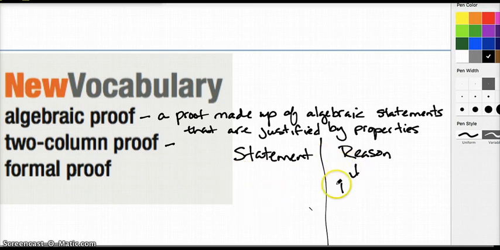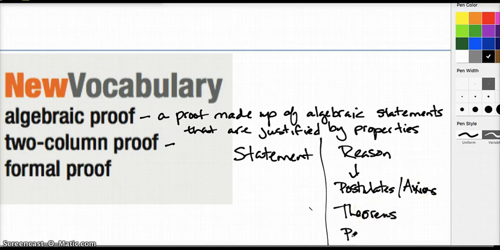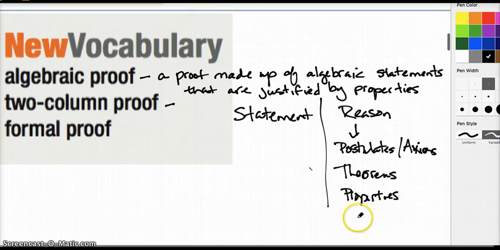be made up of postulates, right? Remember we talked about postulates or axioms. You're going to have some theorems in there. You can have properties like we're going to discuss today, and you could also have some definitions in there as well.